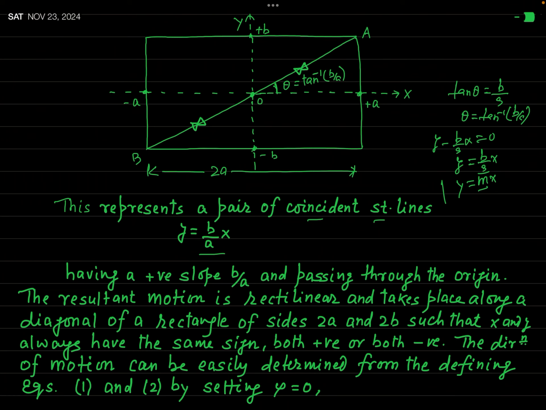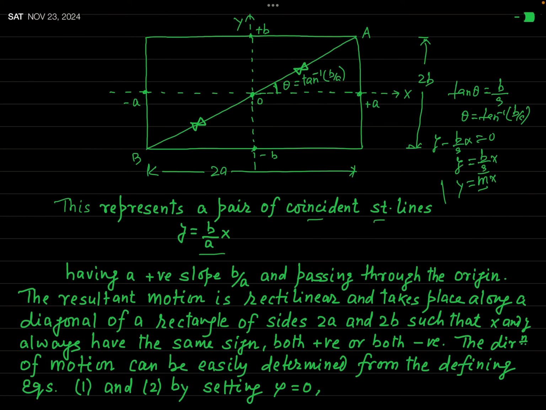So the other side of this rectangle is 2b. So the resulting motion of the particle in this condition is along the diagonal AB, which is the diagonal of a rectangle having side lengths 2a and 2b.